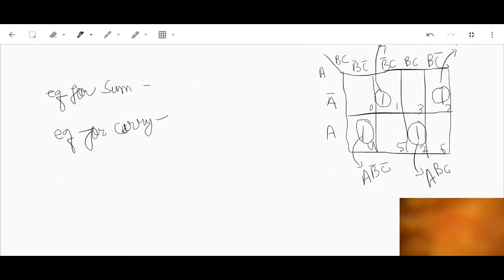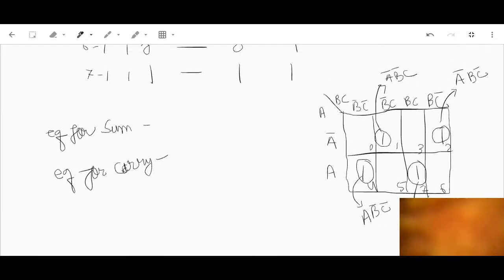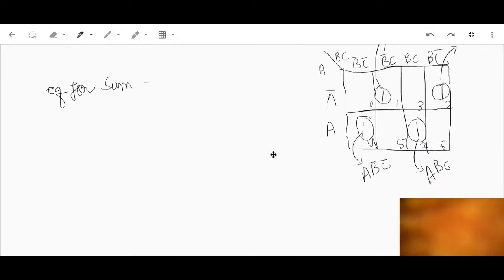After that, this will be for sum. I'll write it down after finding the equation for sum. A bar. Okay, I'll not write directly here. I have to first solve it.